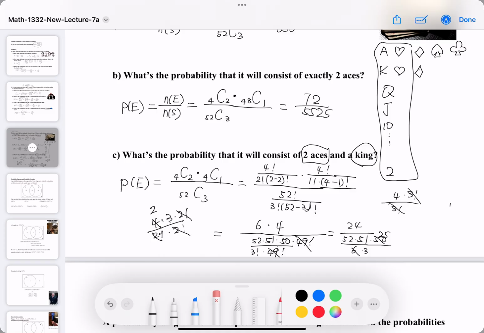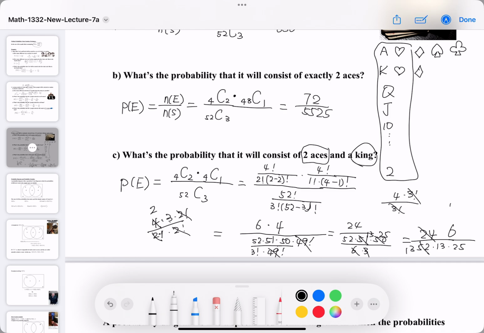So how about 51 divided by 3? Yes, it is 17. So we have 24 over 52 times 17 times 25. And then 24 and 52 are both divisible by 4. Divide by 4, the top is 6. The bottom is 13. Wow, that's a big number.